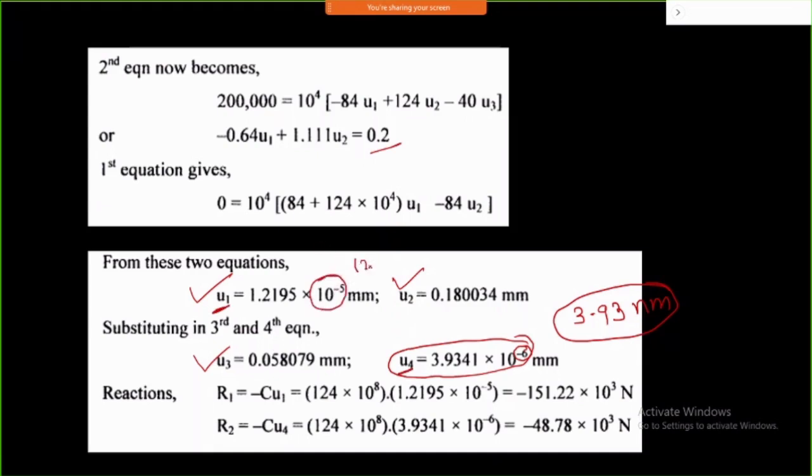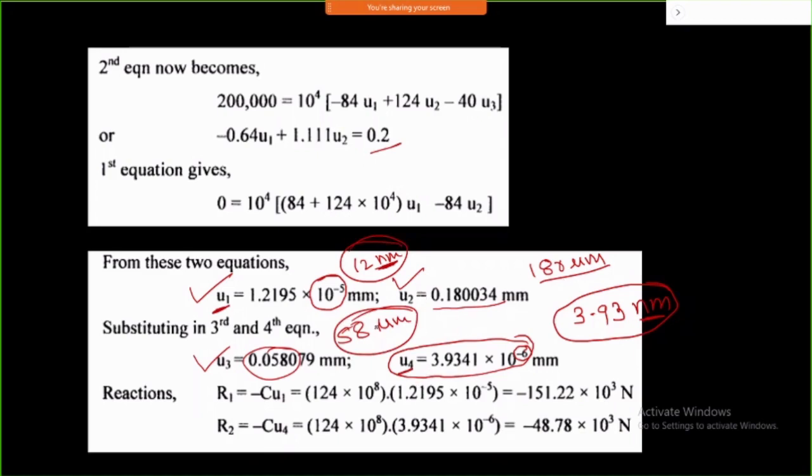It is somewhere a nanometer displacement you can observe here. And very small displacement you can observe at these two ends. And here you can see it is almost 180 micrometer displacement. Here it is 58 micrometer deformation you can observe.